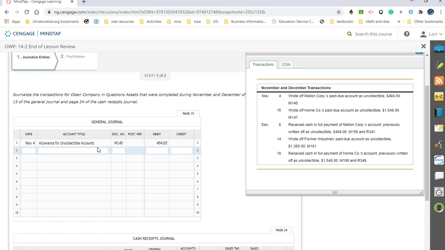And the account is going to go to, we're going to actually have this split, accounts receivable and Mellon Corp.